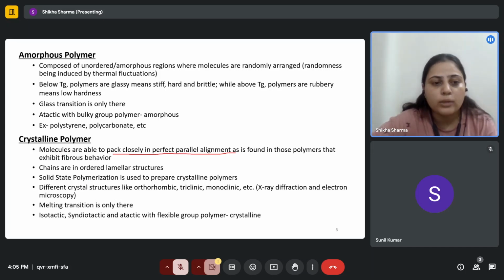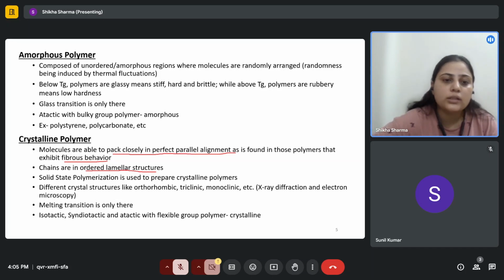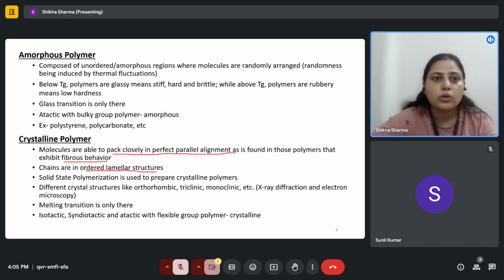The polymeric chains in the crystalline polymer are in an ordered lamellar structure, and they exhibit fibrous behavior. While the amorphous polymers are composed of the unordered or amorphous region. They do not have the ordered region.